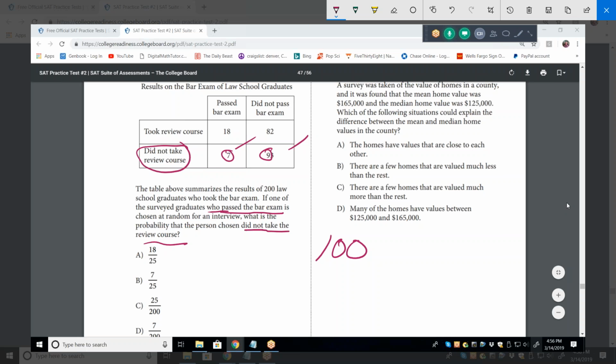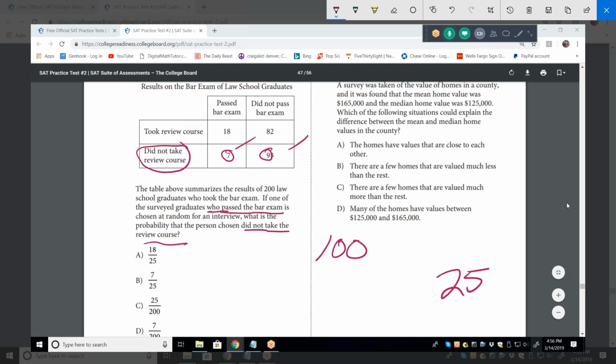And a lot of times, if I could just force myself to find the underlying pieces of information in that stem that are key, I would do better on the test if I was to take it. Because a lot of times I overlook stuff like that. So if they passed the bar exam, how many people passed the bar exam? 25.